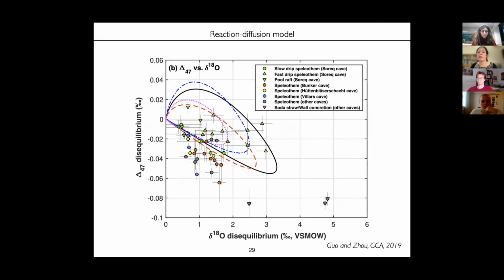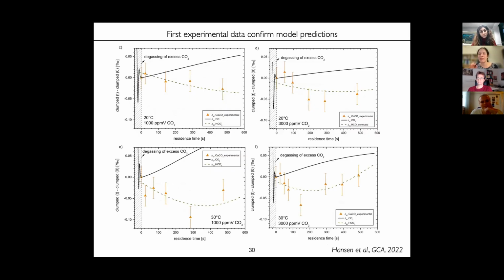Just briefly, they also compile lots of natural speleothem samples, and basically showed that they're not way off with their model. That's basically what I take away from this plot. But what's more exciting is that the recent study by Tobias Kluge and his group showed with these lab precipitates that they made that they could replicate those model simulations.